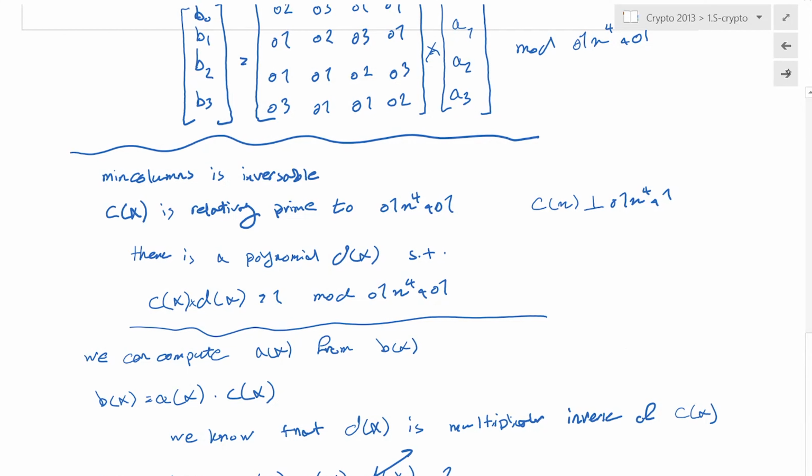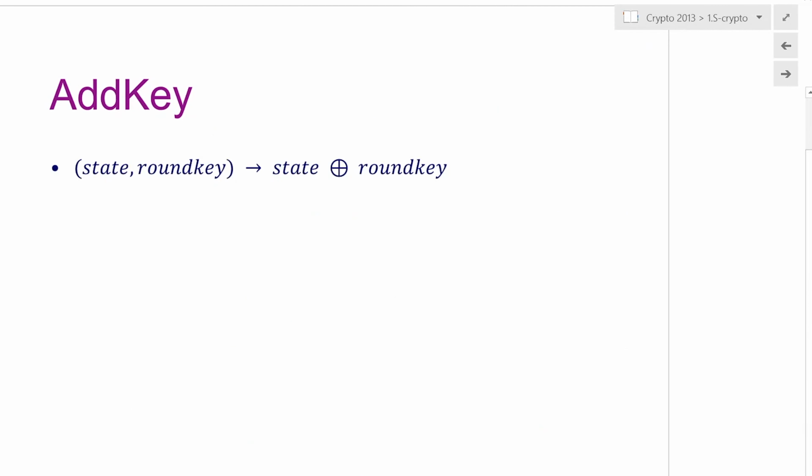All right. So the next operation that we want to discuss is the add key. Actually, add key is one of the simplest. We discussed that we would just add the round key. After adding the round key, the operation is very easy because we are just executing the operations.